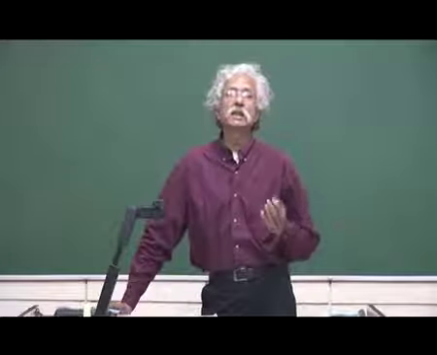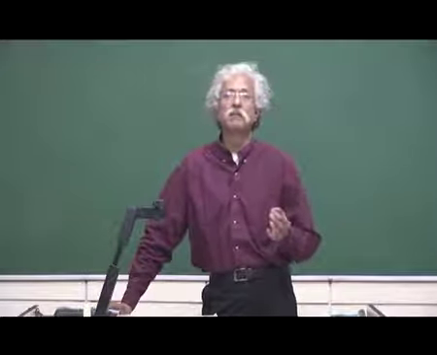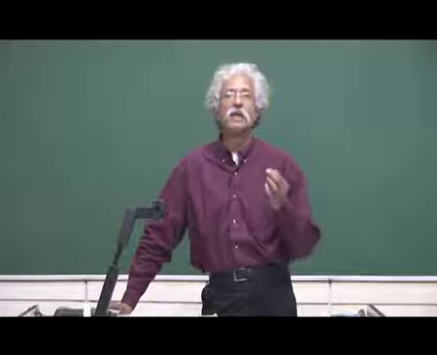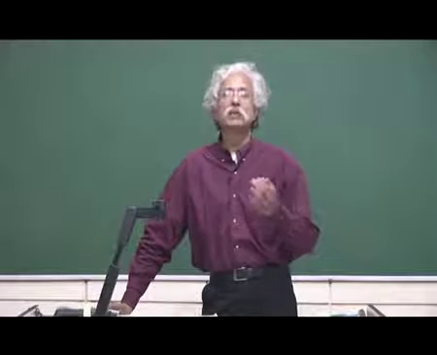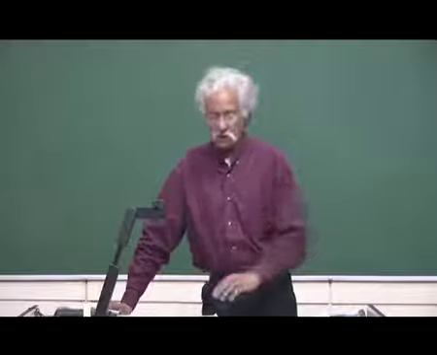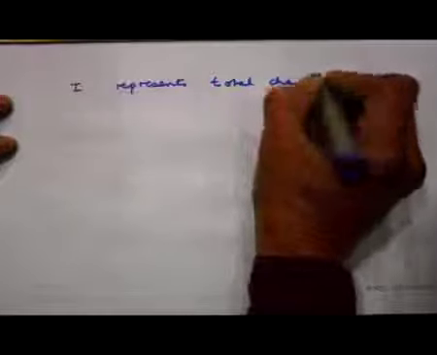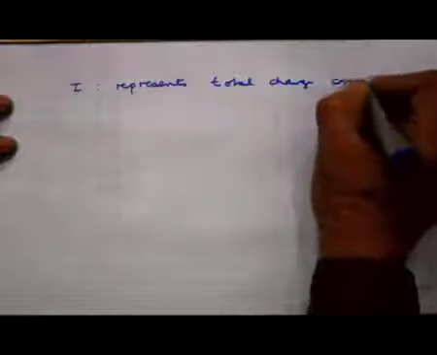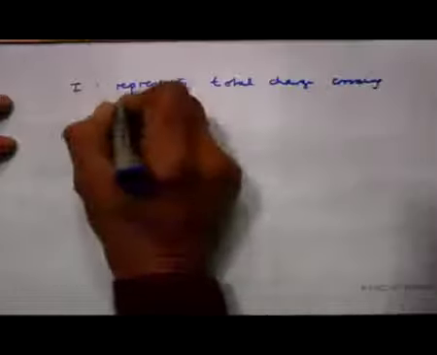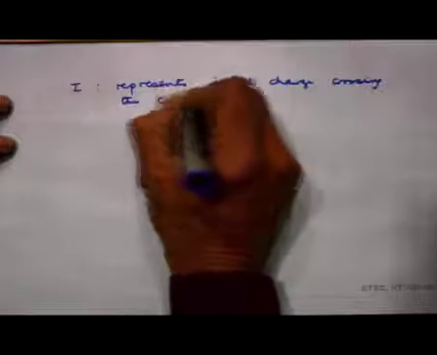Now, what is current? Current is nothing but the amount of charge moving per unit time. If I have a current I, the amount of charge that I am moving across the circuit per unit time is nothing but current. So, I represents the total charge crossing the circuit per unit time.